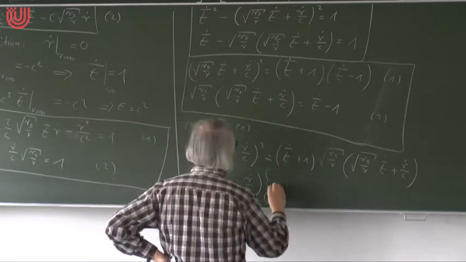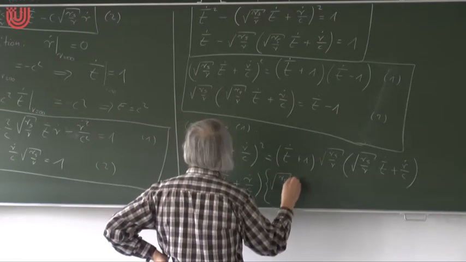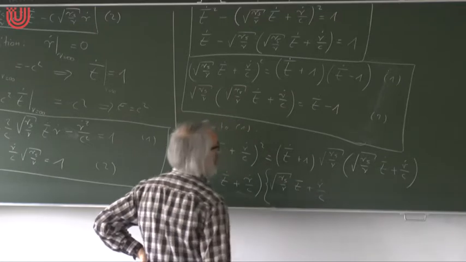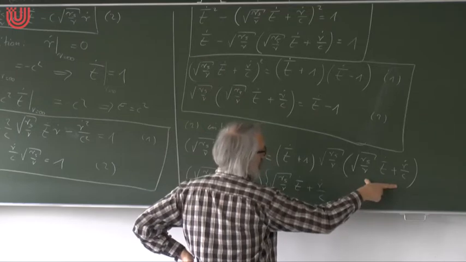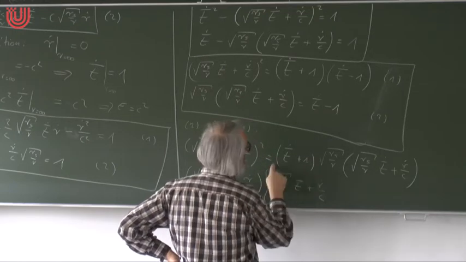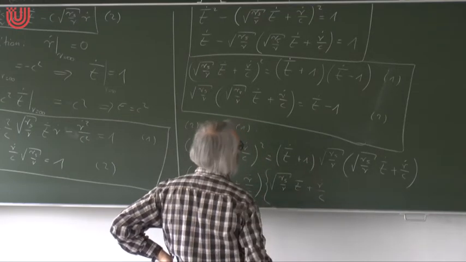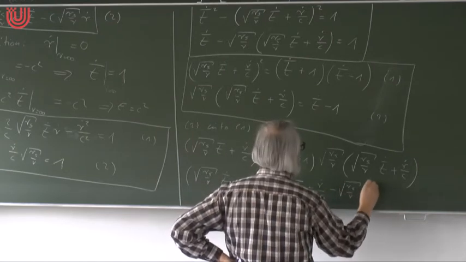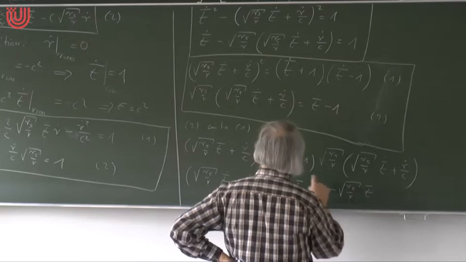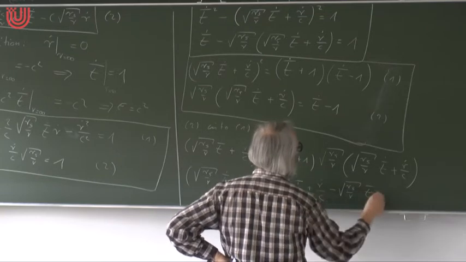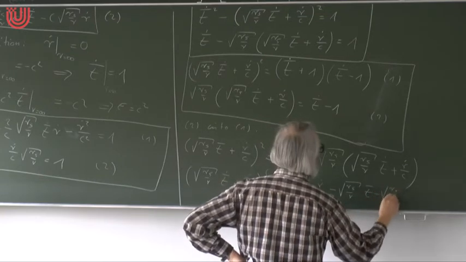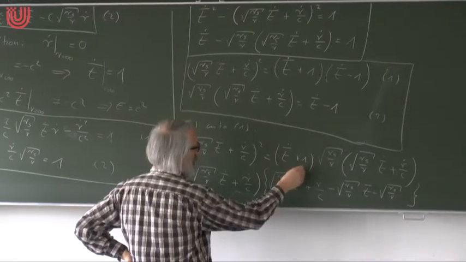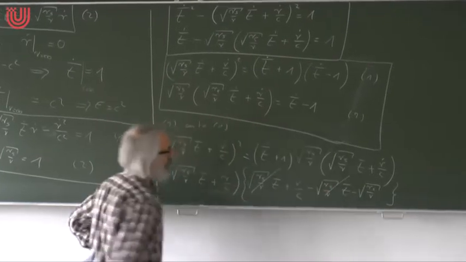On the left hand side I have root rs over r t bar dot plus r dot over c, and I have taken this out of the bracket, so on the left hand side I have this with a minus sign. That means minus root rs over r t bar dot minus root rs over r. So we see these two terms cancel.